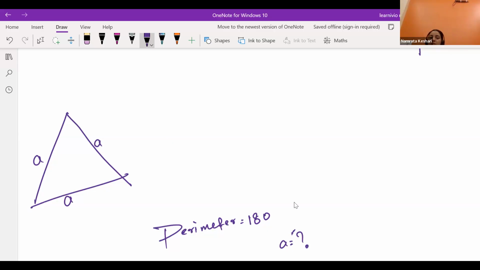What is the formula for the perimeter of the triangle? If I ask you, please tell me the formula for the perimeter of the triangle. What will you say?